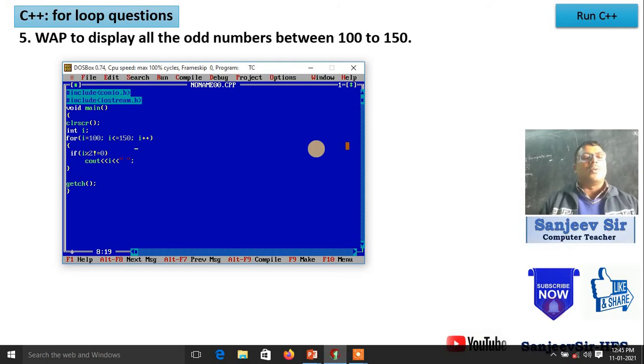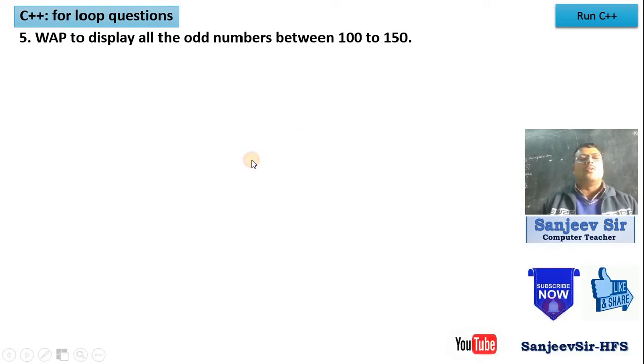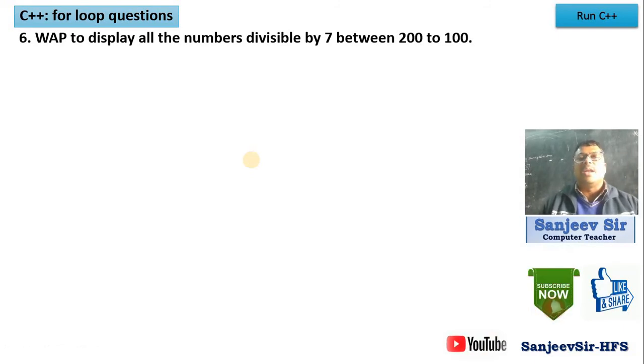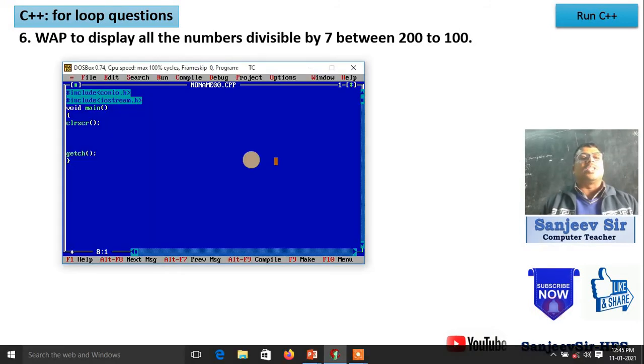Now we go for the next, question number 6. We have to display all numbers divisible by 7 between 200 and 100. That means we have to display all the numbers from 200 to 100 which are divisible by 7.